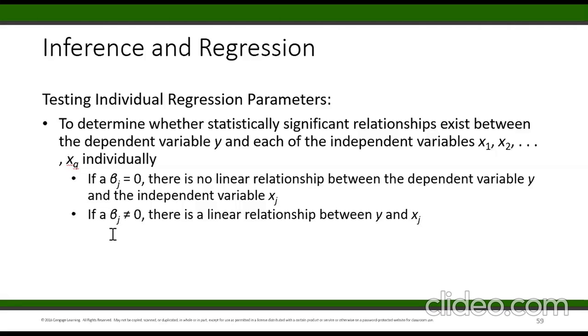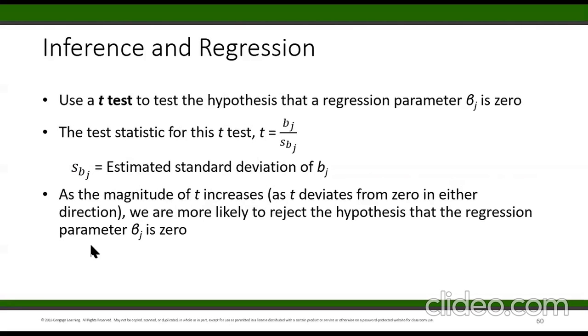So our objective would be to find enough evidence to go ahead and say that x and y have a significant relationship. When it comes to Excel, it provides us with the test statistic.